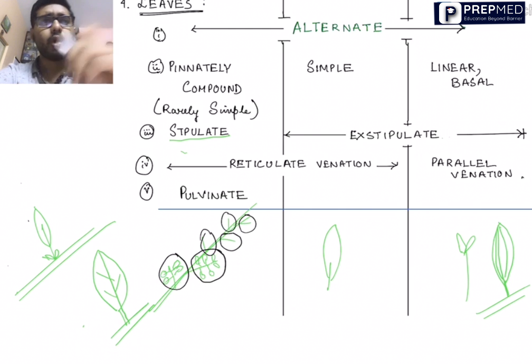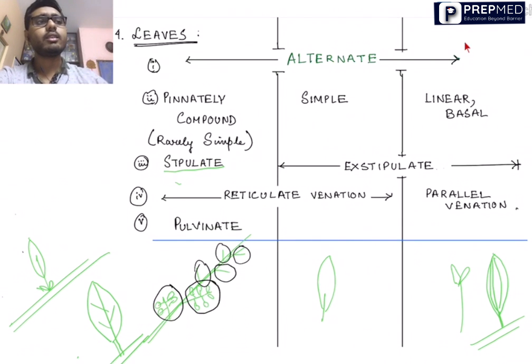It's important to know that Liliaceae are monocotyledons, and only in monocotyledons do we find parallel venation. However, reticulate venation is found in dicotyledons. So the dicotyledons are Fabaceae and Solanaceae, and Liliaceae are monocotyledons.